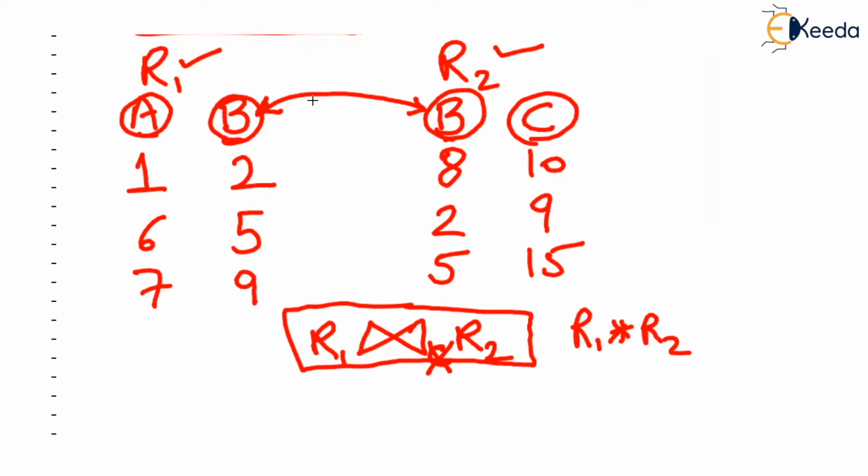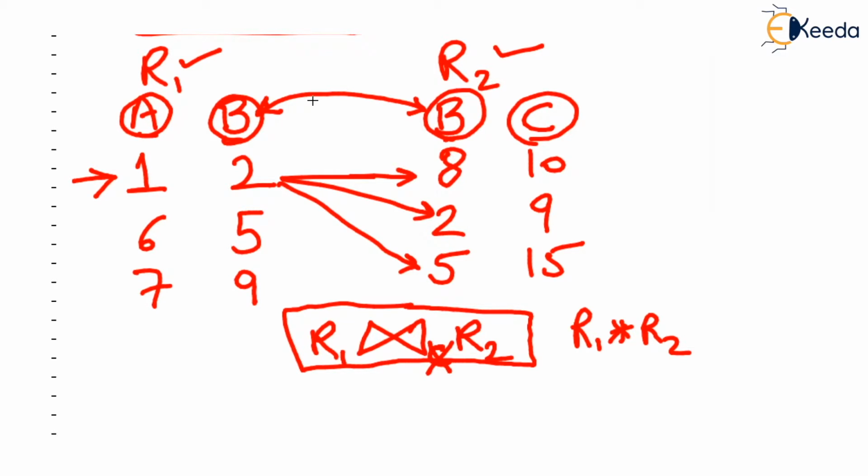So if you join these two tables, that is the inner join I am talking about, then we are finding R1 joined with R2. So 1, 2 is joined with 8, 10, 1, 2 is joined with 2, 9, and 1, 2 is joined with 5, 15.